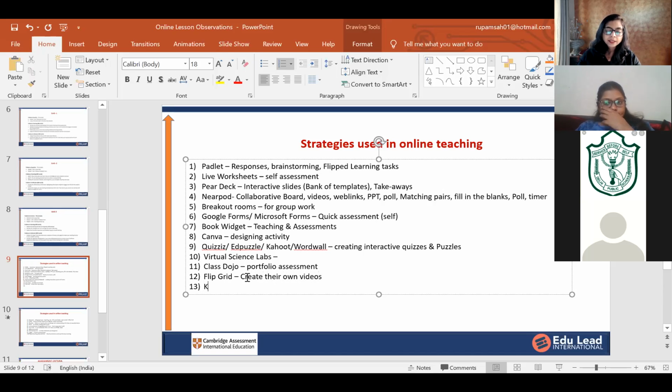Okay, then there is another tool which is known as Kialo, and Kialo is for debates. If you want the children to be put into some kind of a debatable topic where they have to choose for and against, they can also comment upon their friends' comments. The teacher can rate the argument which is there.